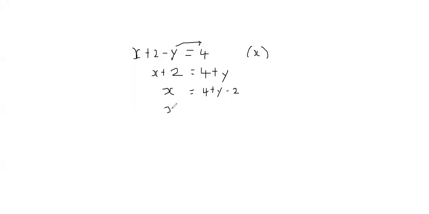But we can group the two numbers, like terms. We put 4 minus 2 together, the numbers together. The simplified order: 4 minus 2 is 2. So x is equal to 2 plus y.